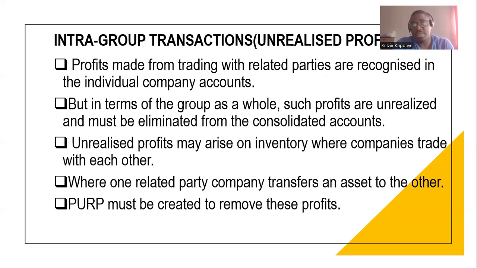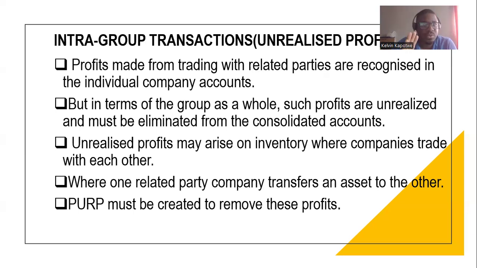We are saying here that when you do a sale, either to a parent or to a subsidiary, you are going to recognize the profits in your books. But in terms of the group as a whole, such profits are unrealized and must be eliminated from the consolidated accounts. Since you're a group, these profits are unrealized.